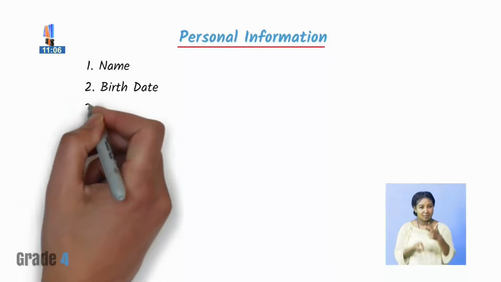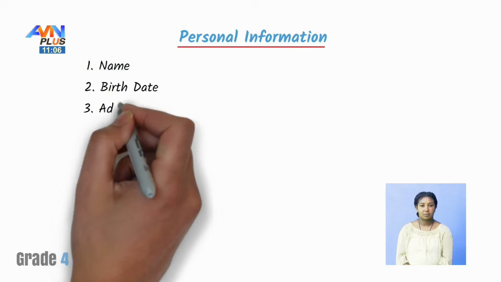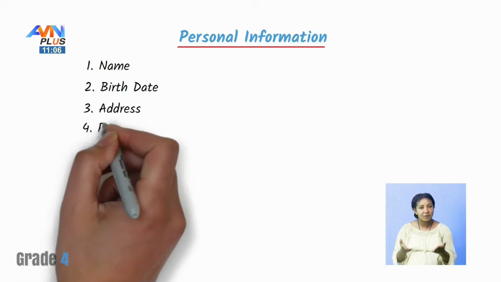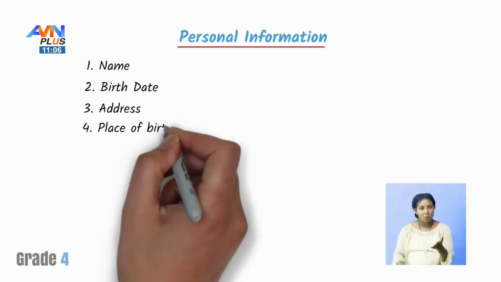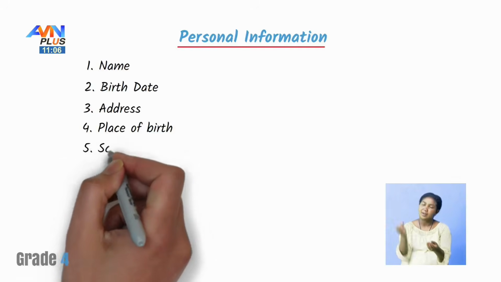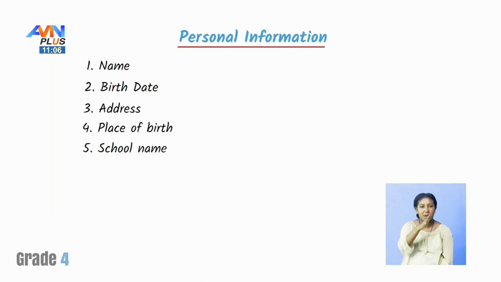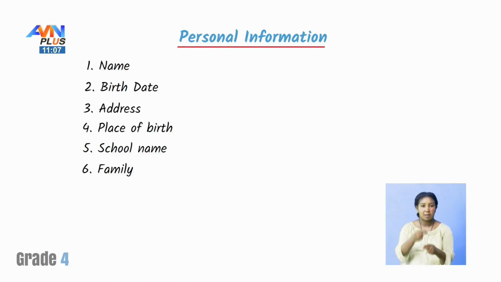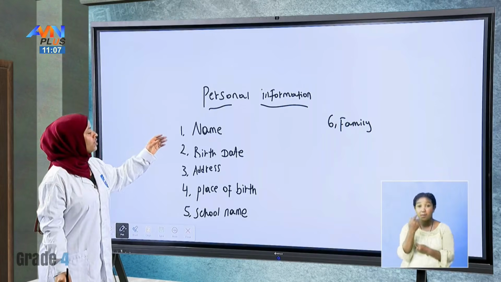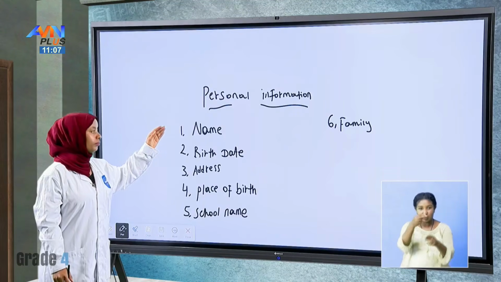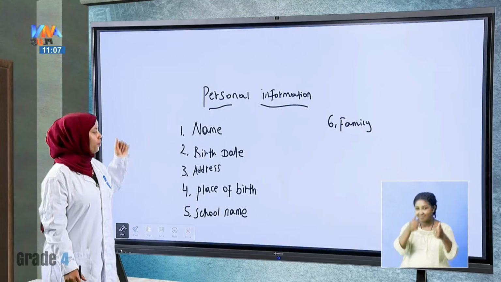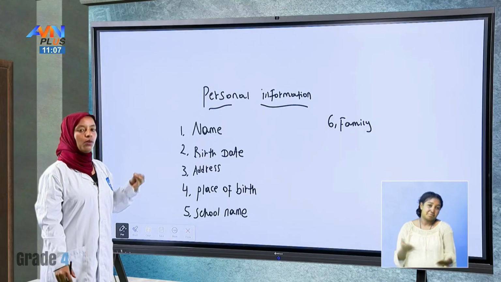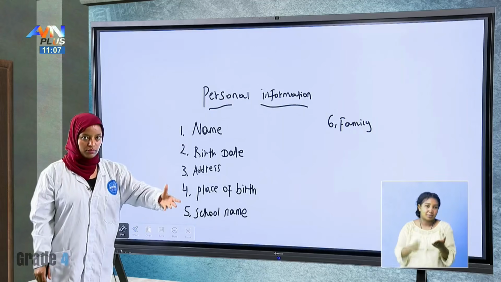The next one is address. Your address: where do you live now? And place of birth, the place you were born, and also school name. And we can also add parents' names, family, or guardians' names. So students, just answer these questions. What's your name? Bravo. Date of birth? You can say, I was born in this time.